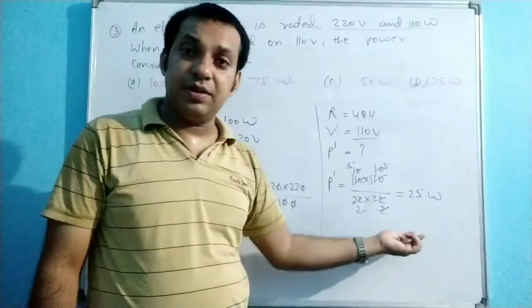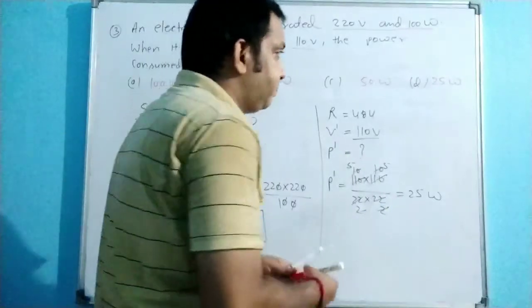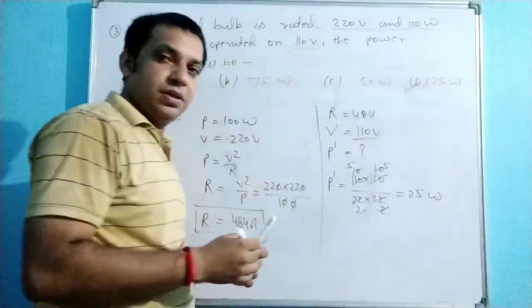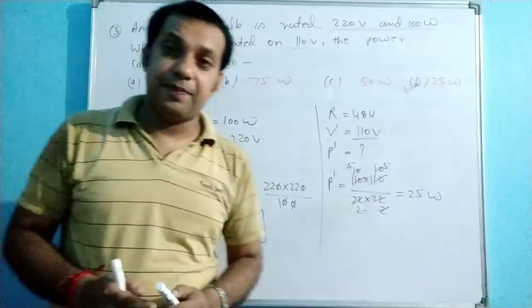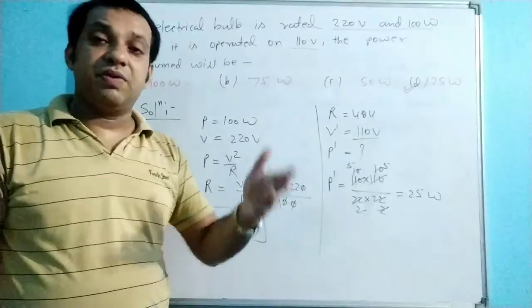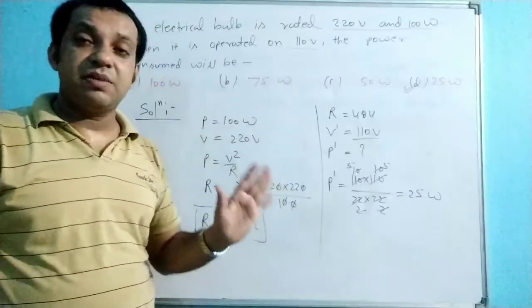And it is not obeying the unitary method. Right? So here the answer is 25 watt. That means option D. Right? So this question is very important. If you have any doubt in this type of question, a variety of such questions are given in different side books, and mostly students are making the mistake.